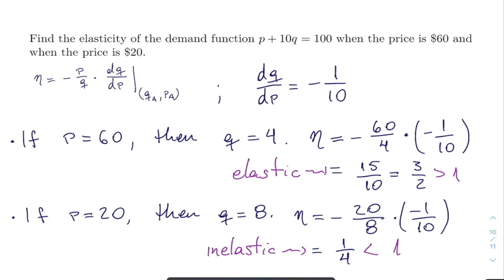We will see more details about this in class, but essentially if the elasticity is greater than 1, we say that the demand is elastic, and when the elasticity is less than 1, we say that the demand is inelastic.